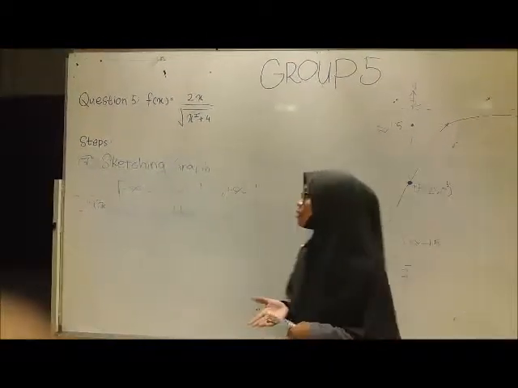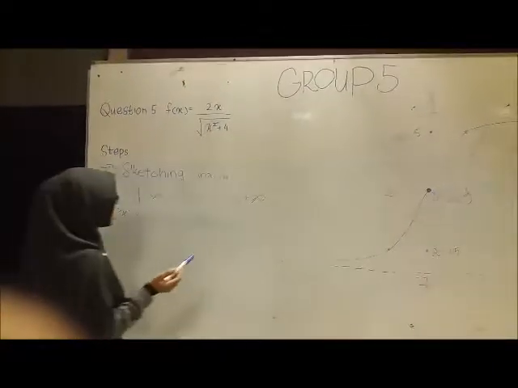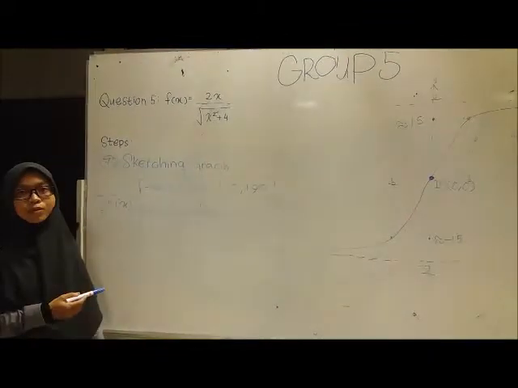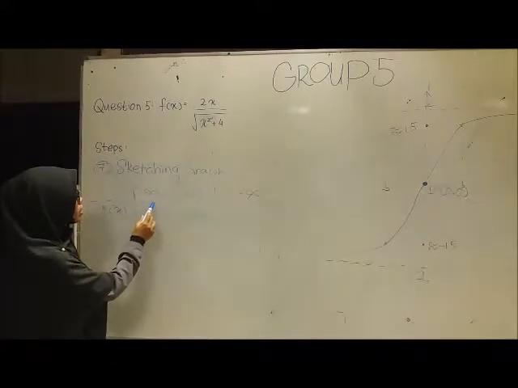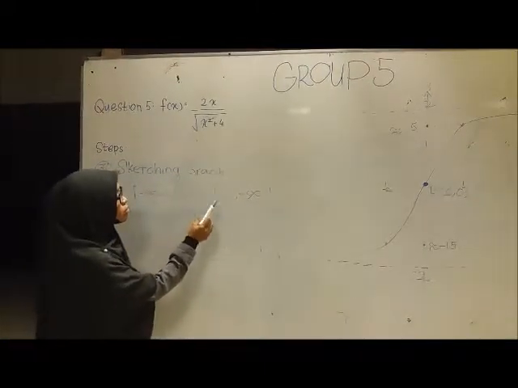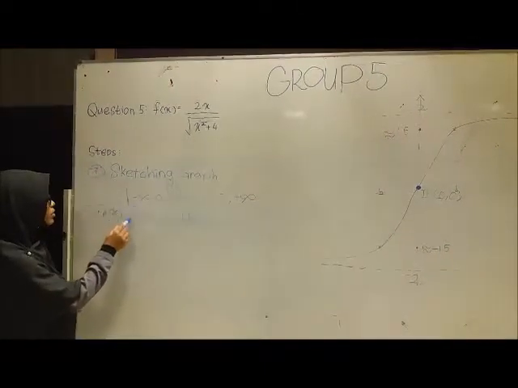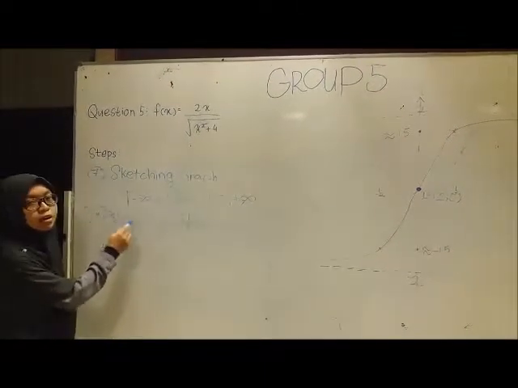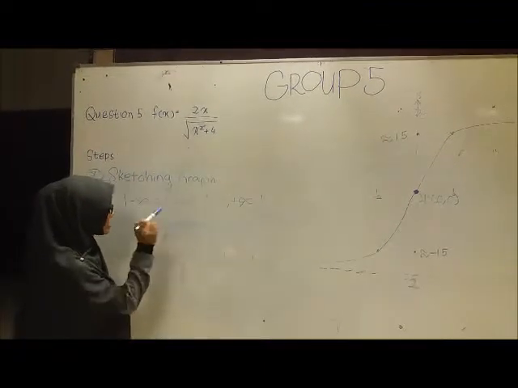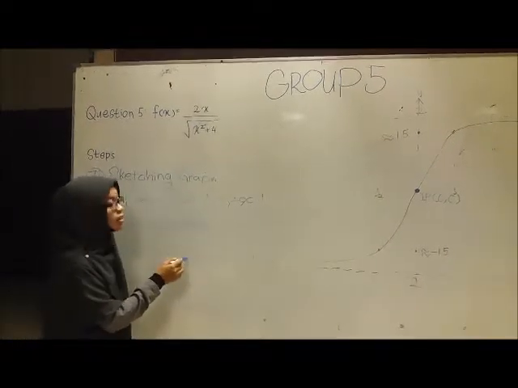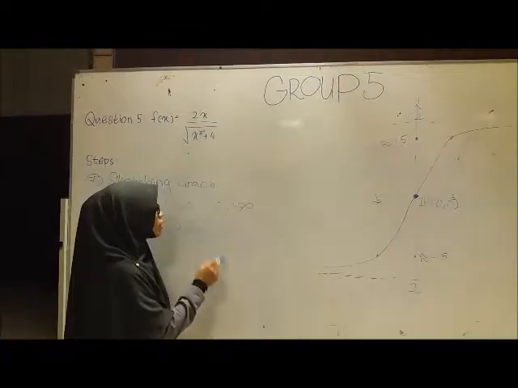Let's proceed to the next step: sketching the graph. The previous steps show that we found the concavity for the ranges negative infinity to 0, the inflection point 0, 0, and 0 to positive infinity. For negative infinity to 0 we get concave upwards, at the inflection point we get 0, 0, and from 0 to positive infinity we get concave downward.